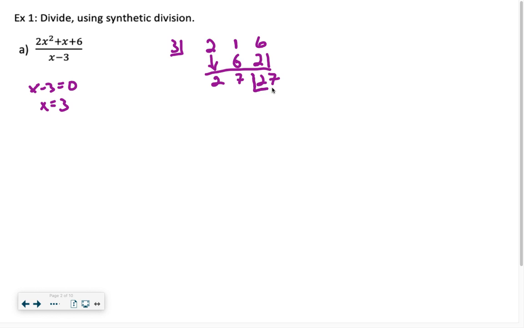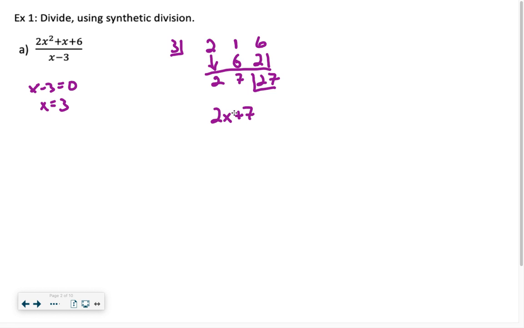Now, I'm going to box up this last number because what we have just created is the quotient. Now, the quotient, or I should say the coefficients for the quotient. The quotient is always going to be a power that is 1 less than what we started with. So we started with a second degree polynomial here. That means that this first coefficient is the coefficient on a first degree term.